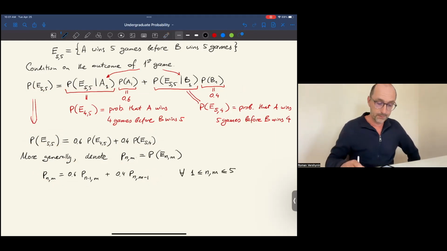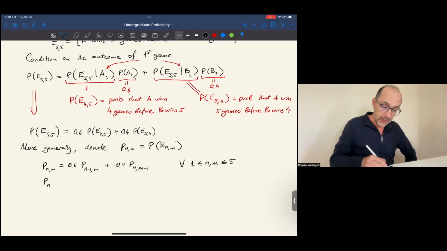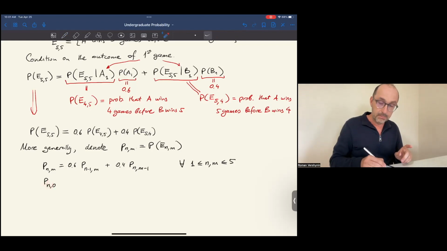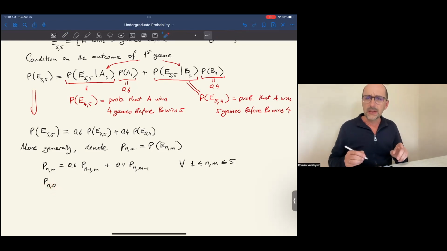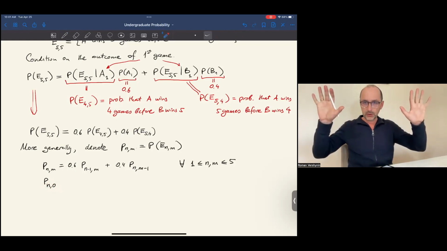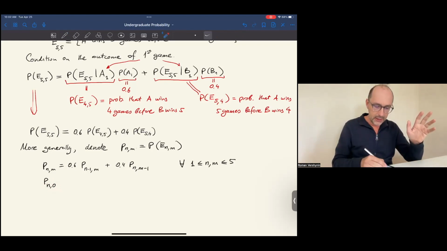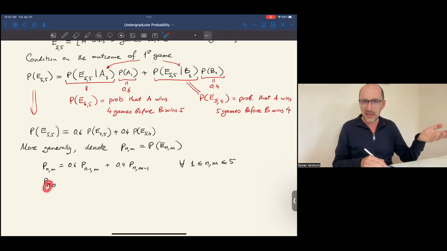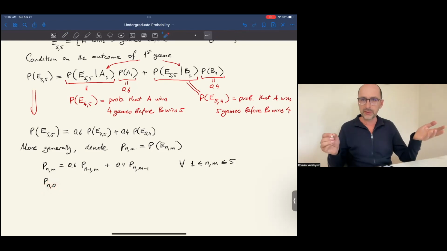What else do we know? We also know Pn0. This is the probability that Team A wins n games before Team B wins 0 games. How can that happen? In the very beginning of the tournament, the count is 0-0. So it will never happen that A can win any games before B wins 0.